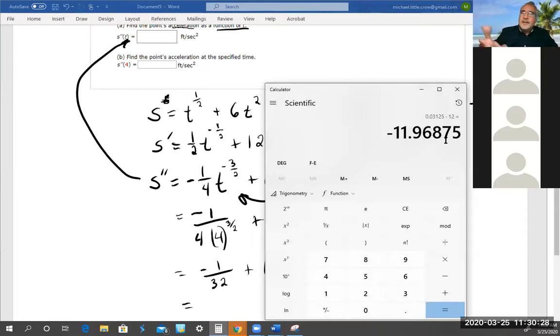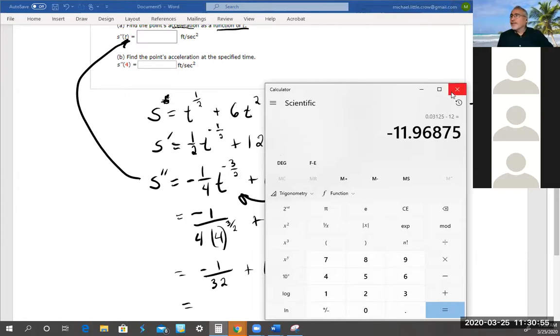And again, those are the types of things I'll review if it's decimals or something and it doesn't get full credit. We're not going to worry about the 4th decimal place when we're talking feet per second acceleration.